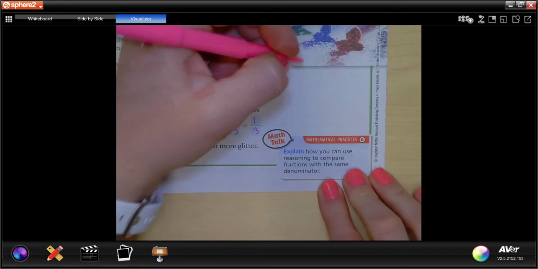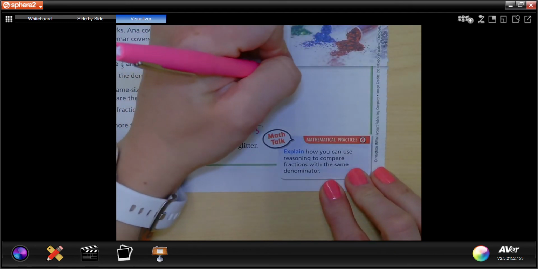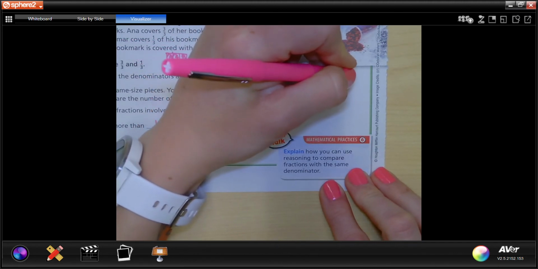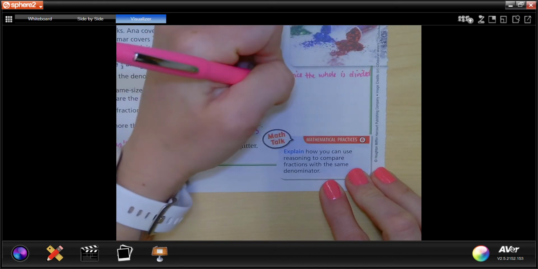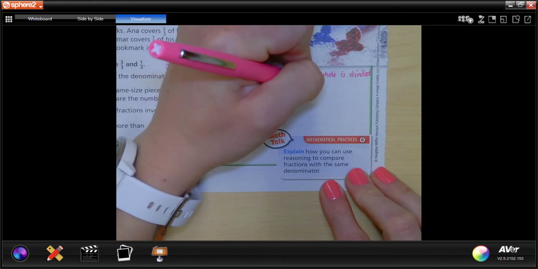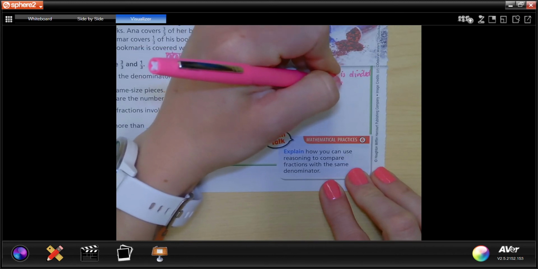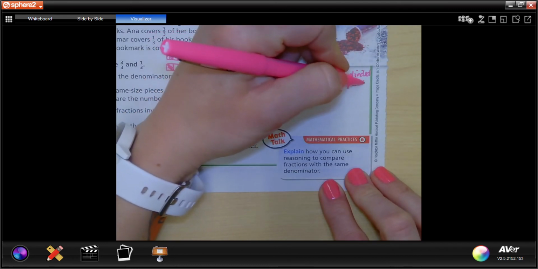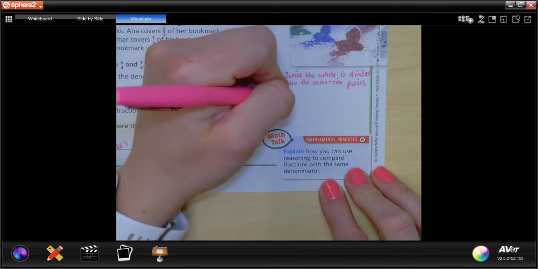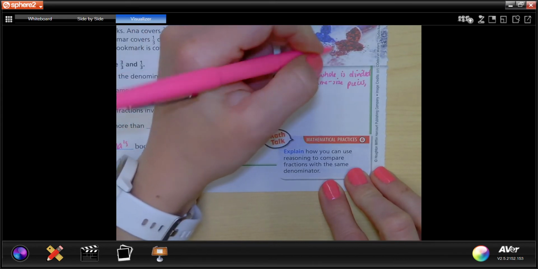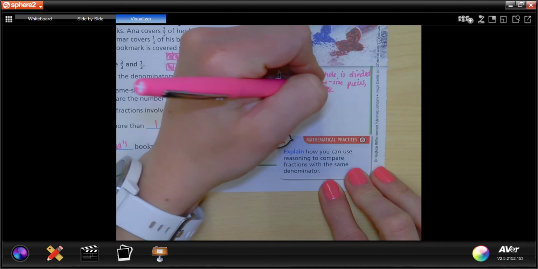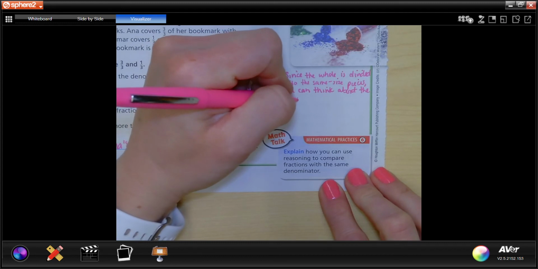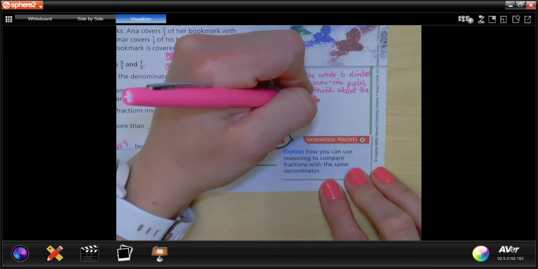Okay, so since the whole is divided into the same size pieces, you can think about the number of pieces.